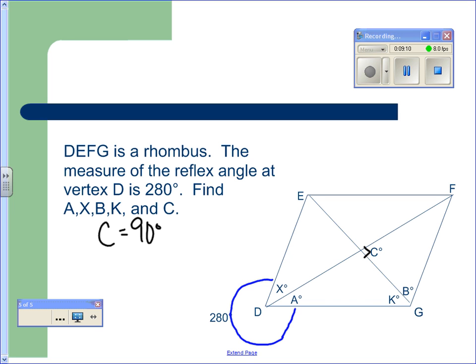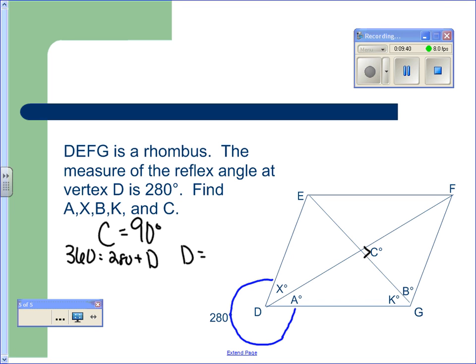Okay, the 280, what is it talking about? Is it talking about the whole angle? The outside part, this part right here. Does that make sense? So what equation could I set up to find it? Yeah, put one variable to start with.